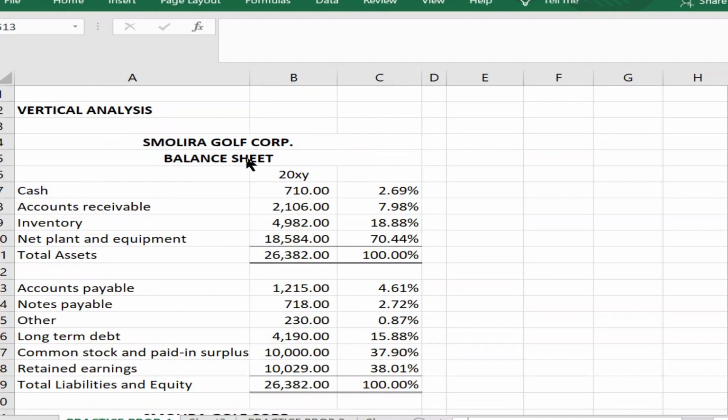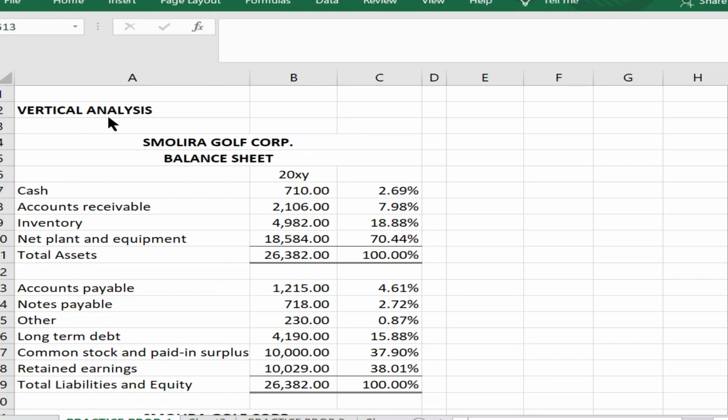So I'm going to explain some of the ratios here, and we'll try to interpret the corresponding ratios that we have computed and provide some implications for these ratios. Okay, first we have the vertical analysis.